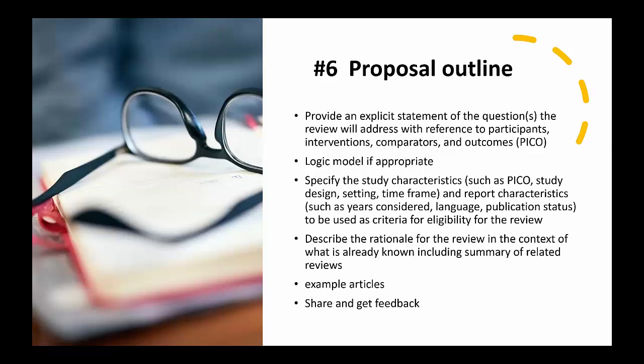And then maybe even some example articles. That's where you can see, okay, this is where we're going. And like I said, this may not be formal or anything like that. But all of these steps will build into the proposal, the protocol step, where they're getting into more of the methods about how are you going to do this. And it's just the start.